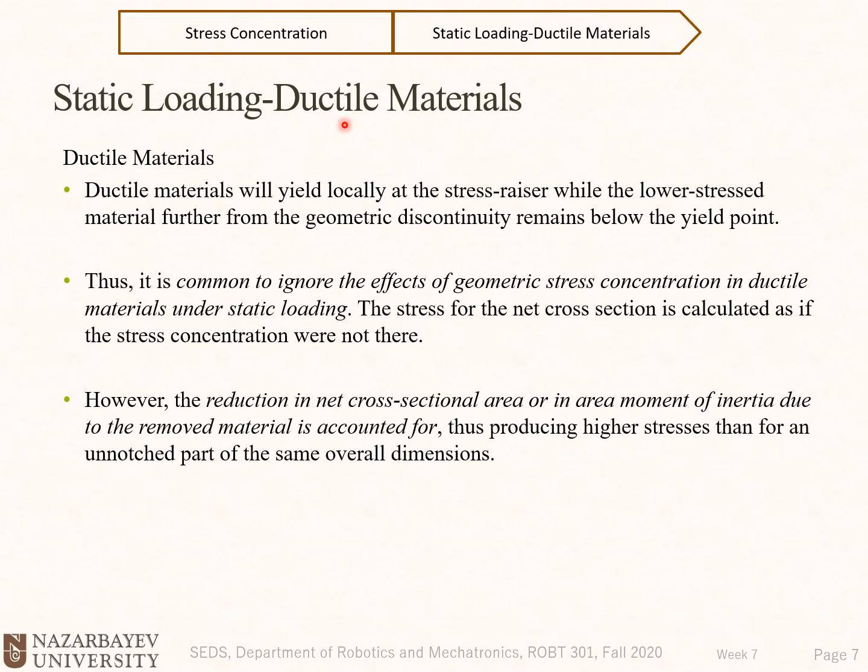But then sigma nominal is equal to Mc divided by I. So we see that c changes because of the notch and I changes because of the notch, and we need to take into account the geometrical effect of the notch, not because of stress concentration, since Kt is equal to 1 because it's ductile, but because the cross-sectional area and area moment of inertia I change, and we need to consider those effects.